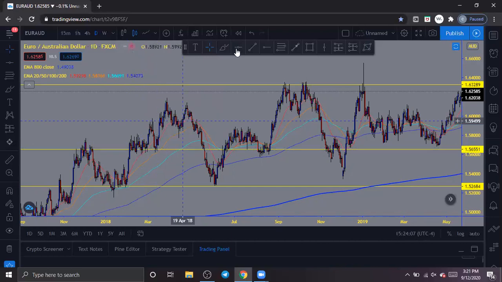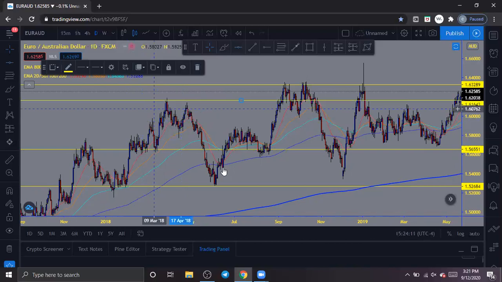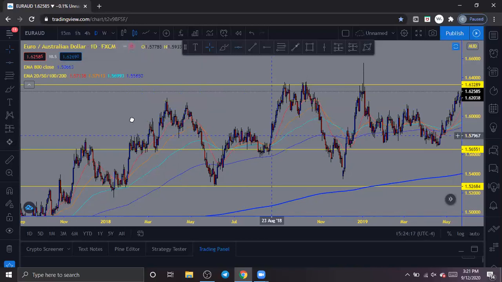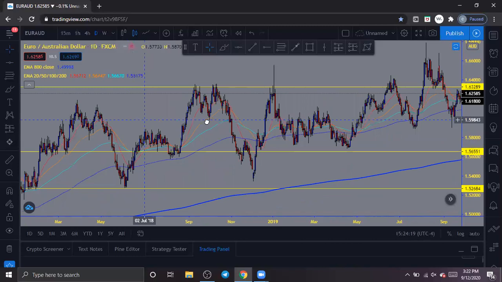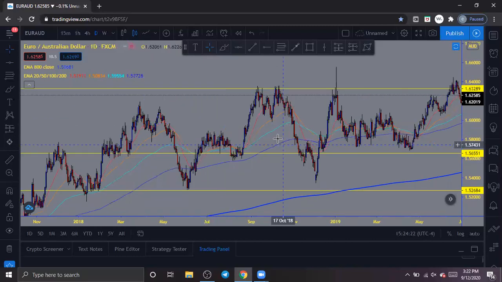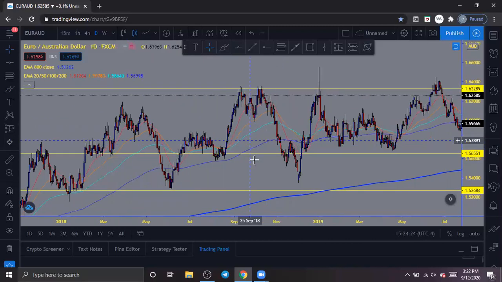Right there, you can see it. Here would be the resistance for this structure. She does the same thing right here, reacts off it. So that is essentially what I mean by resistance and support when it's being broken.